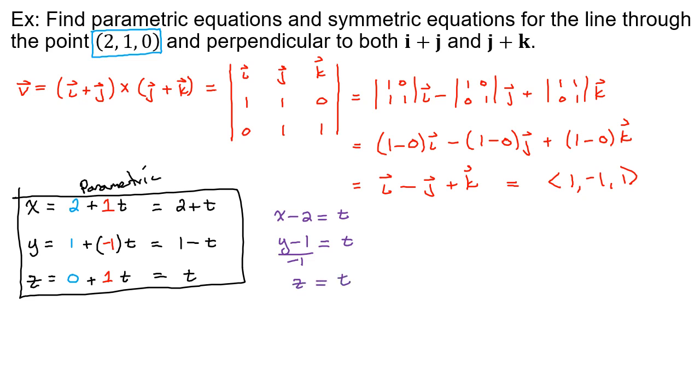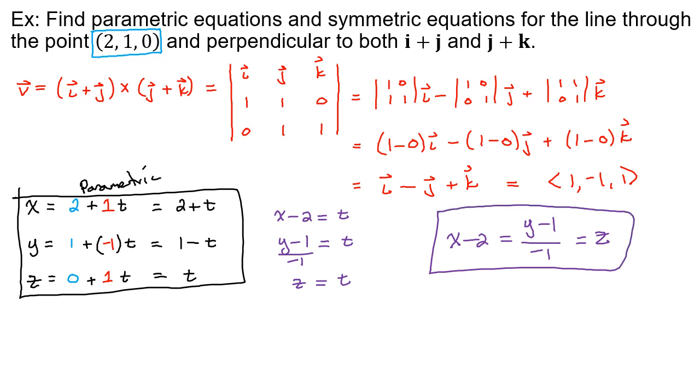So I set them equal to each other, so I'll have x minus 2 equals (y minus 1) over negative 1, which equals z. And that would be my symmetric equations. You could divide the negative 1 in there if you want to make it look a little bit better. But anyway, these are my symmetric equations.